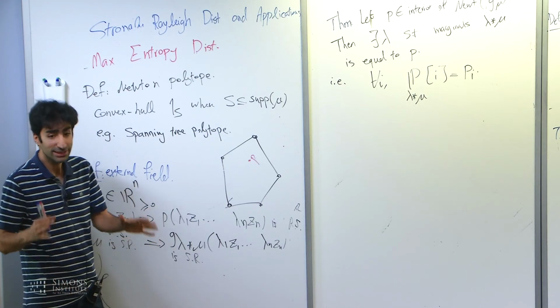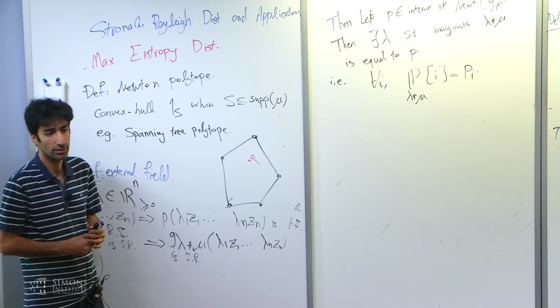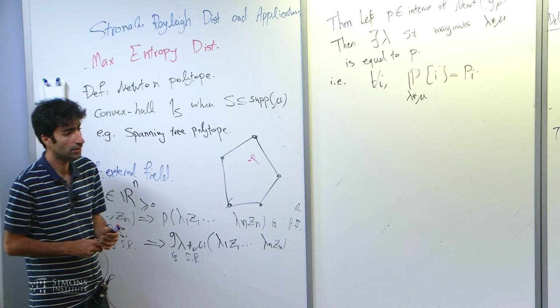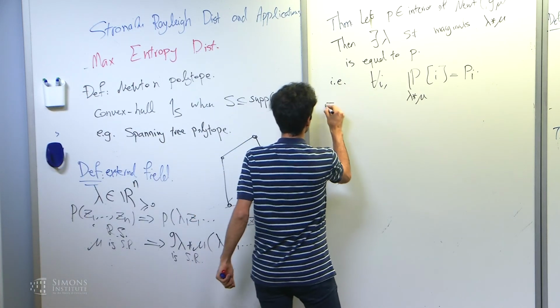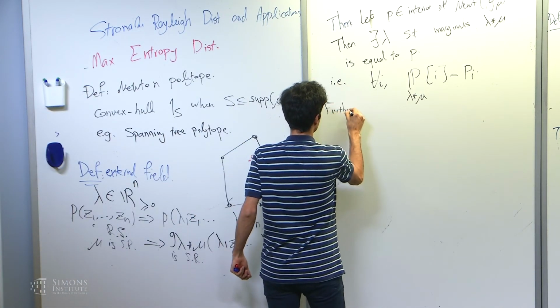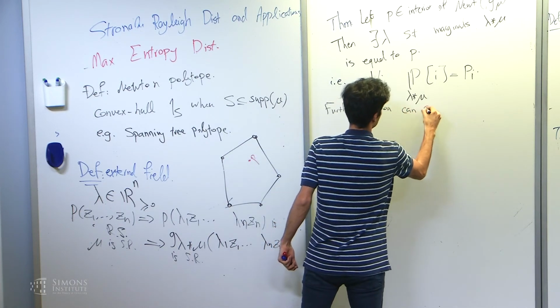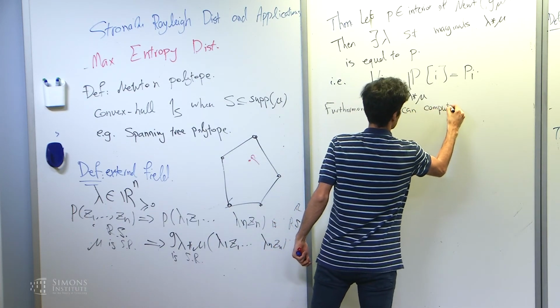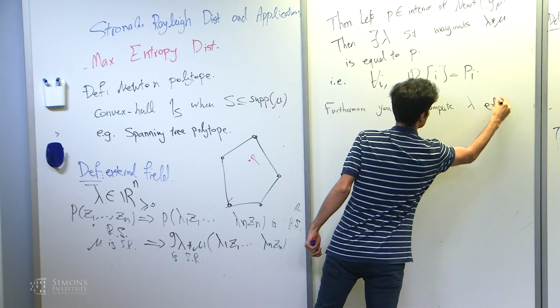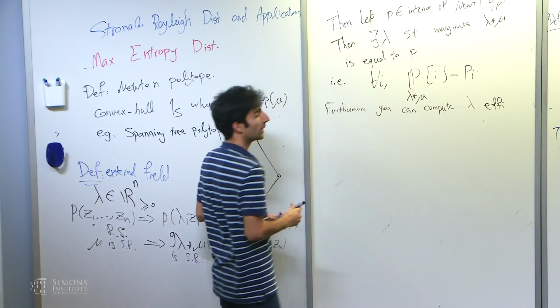And still you will have a strong Rayleigh distribution. Okay? And furthermore, you can compute lambda efficiently.